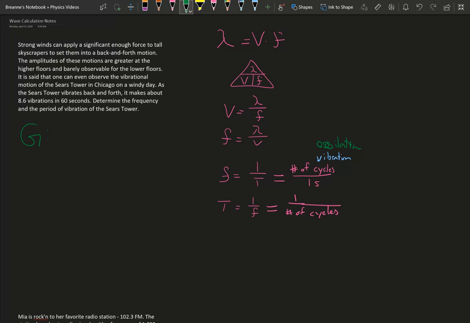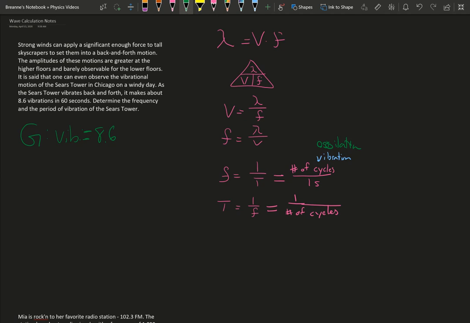So we're given our vibrations, I'm going to put just a vib for right now, is equal to 8.6, and our time, which would be nice if I could write a T right now. There we go.